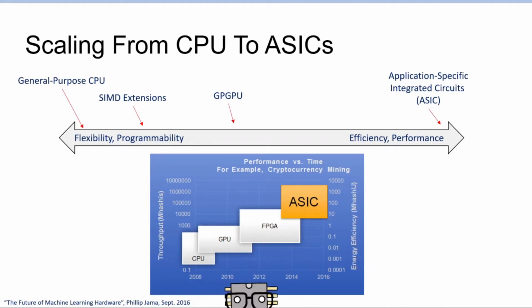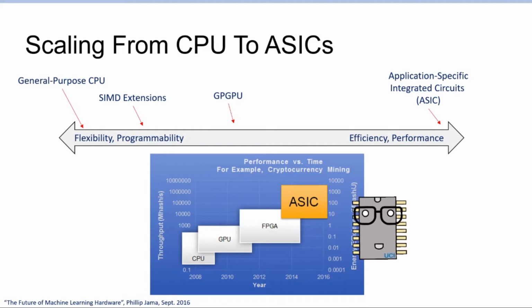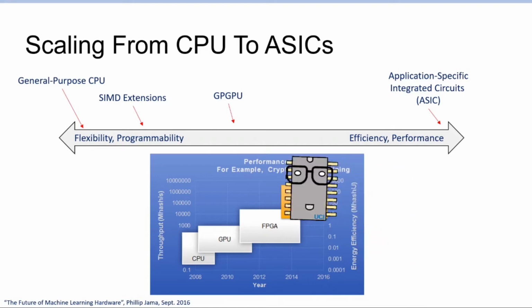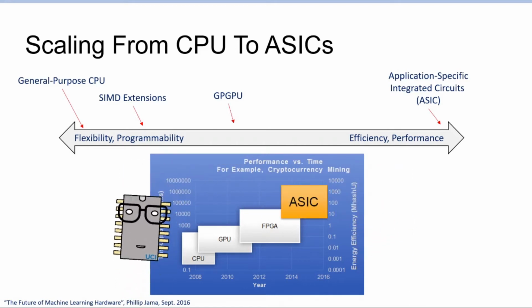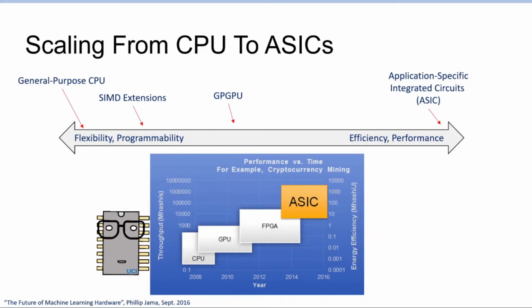The x-axis shows the progression of time, which is less important. The important part is that these y-axes are, again, exponential scale, logarithmic scale.